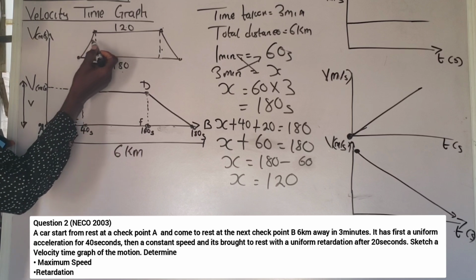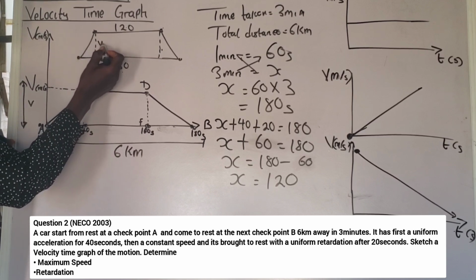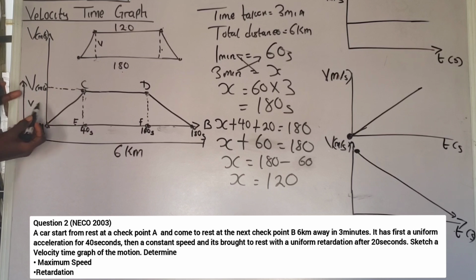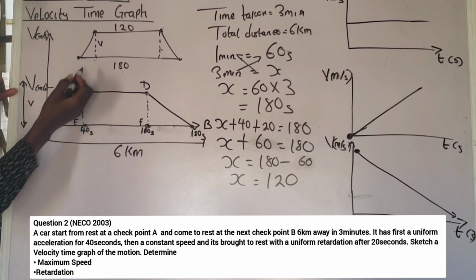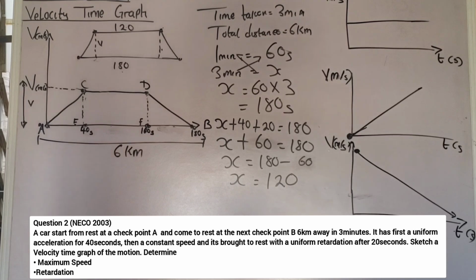Now, we do not know the value of this, so let us represent it as v, because this line is the same thing as this line. Now, don't forget, in the question, we've been given that the total distance traveled is 6 kilometers. I hope you remember.